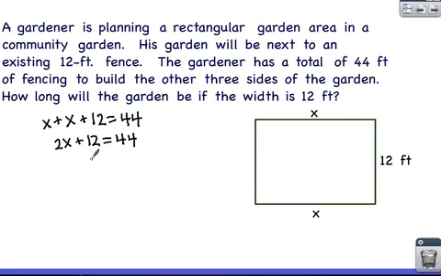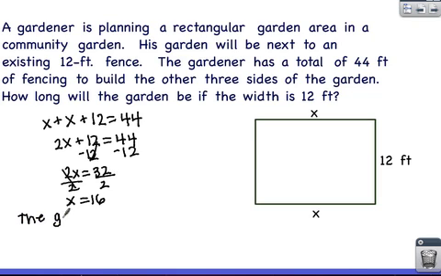And now we can go ahead and isolate our x by subtracting 12 from both sides and dividing by 2. So we found that x equals 16. So the garden will be 16 feet long.